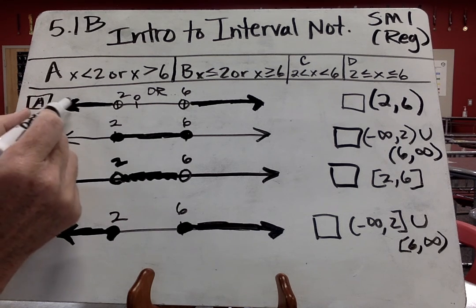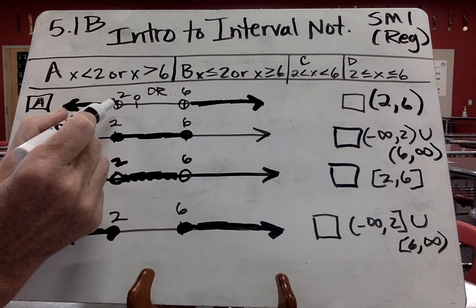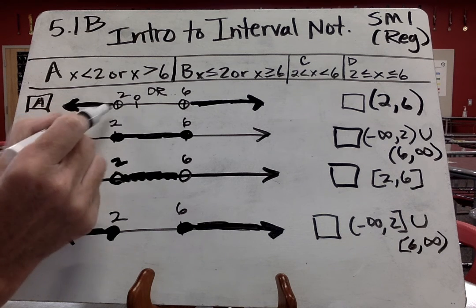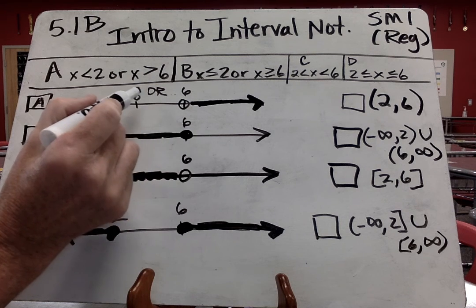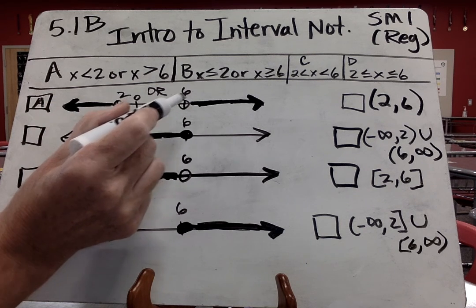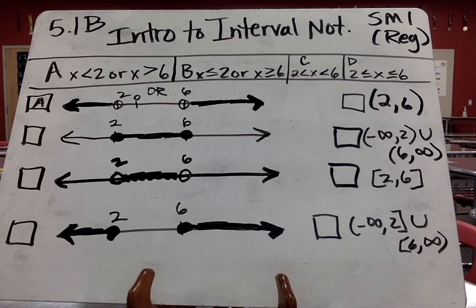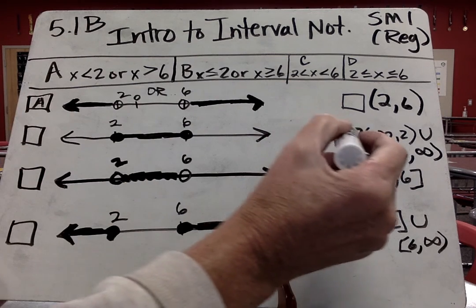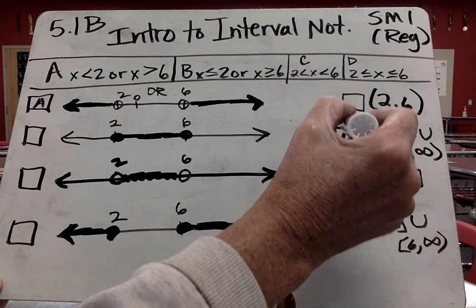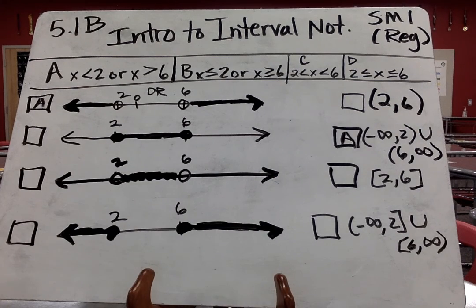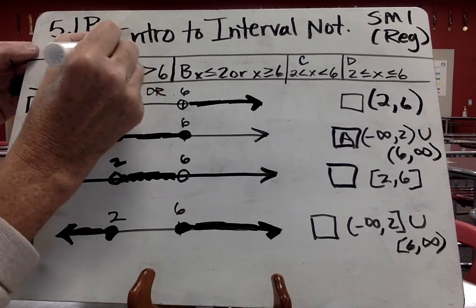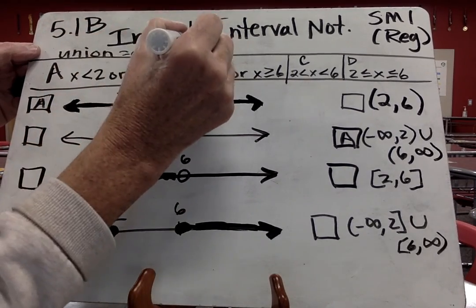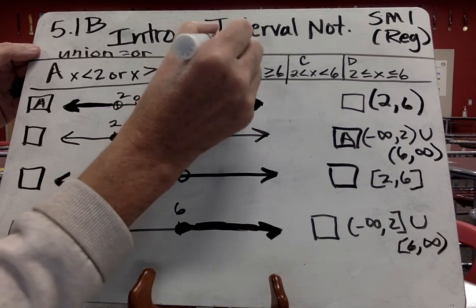So you go from negative infinity to 2, it doesn't include 2, so it's parentheses, and then we start at 6, so it's going to be a union with 6, and then it goes to positive infinity. So that would have to go with A right here, where it's negative infinity, comma 2, union, because remember, union is equal to or, and intersection equals and.